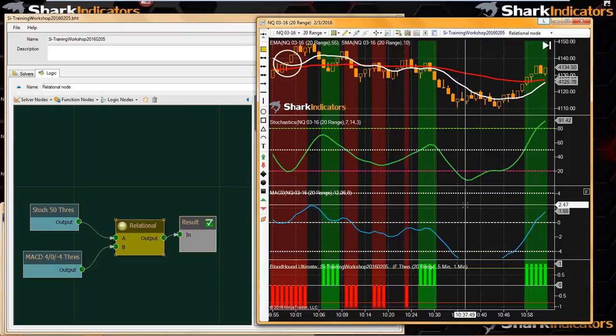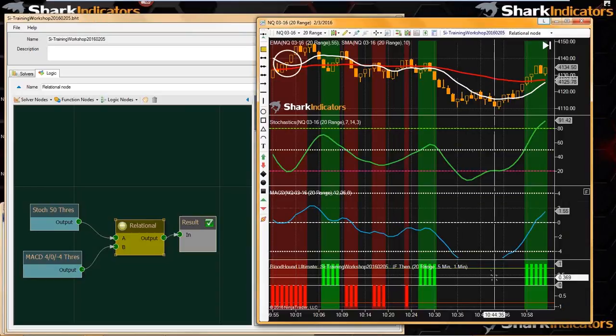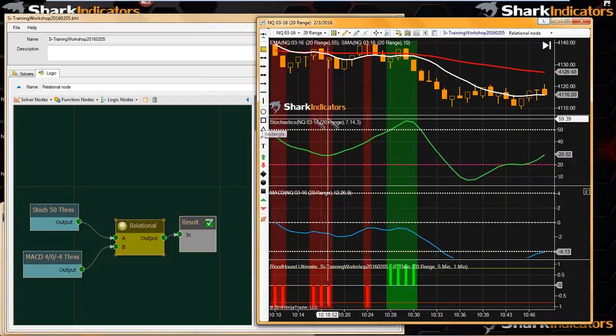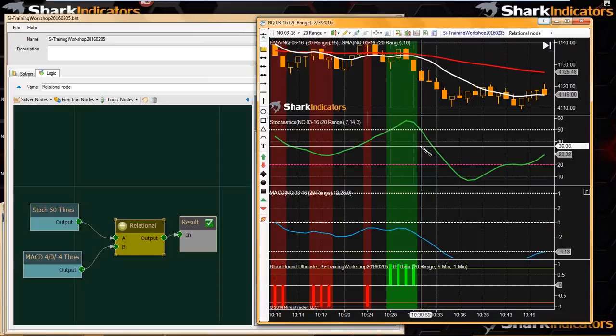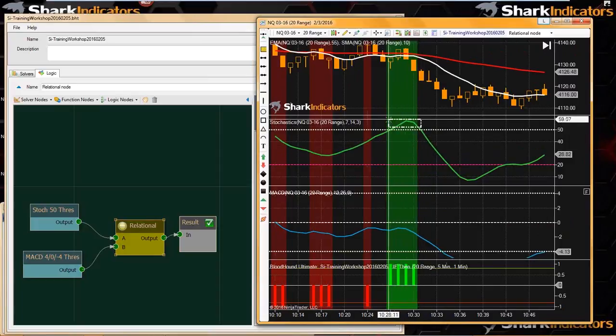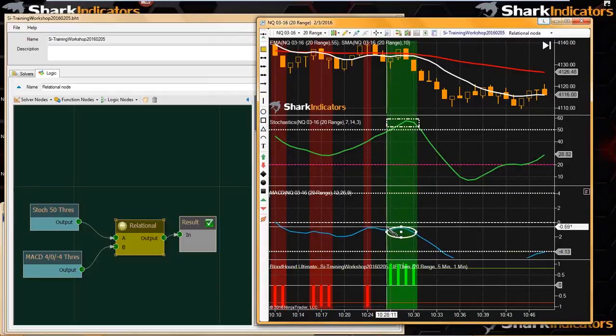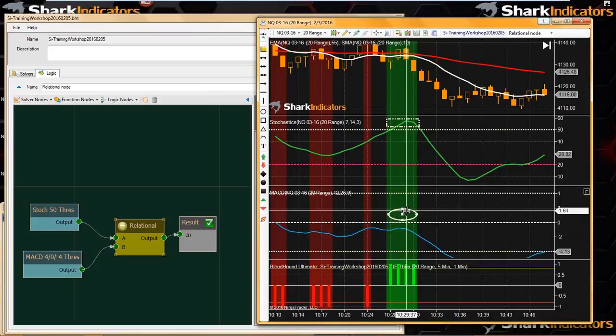And let's see what we get here. Let me point this out. The stochastic is above the 50 line, so it has a positive, or long, output, whereas the MACD is below the 0 line, so it has no positive output.